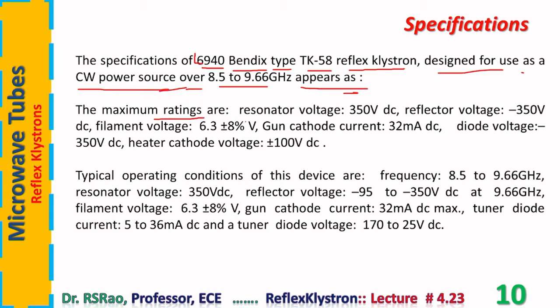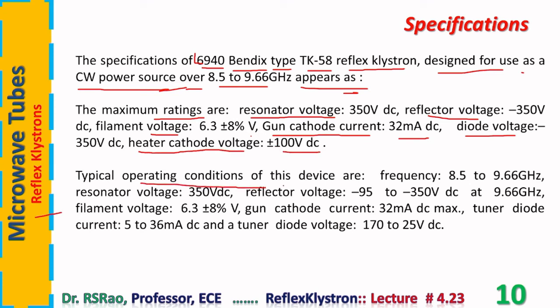The maximum ratings are resonator voltage 350 volts DC, reflector voltage minus 350 volts DC, filament voltage 6.3 plus or minus 8% volts, gun cathode current 32 milliamperes DC, diode voltage of 350 volts DC, heater cathode voltage of plus or minus 100 volts DC.